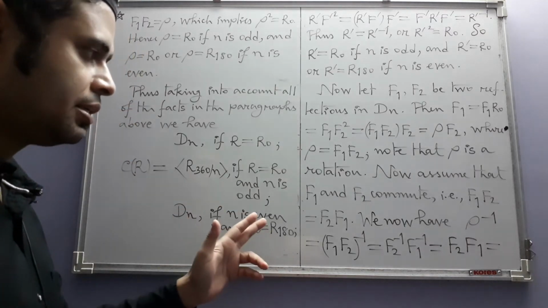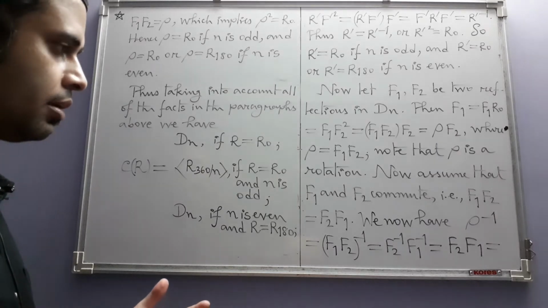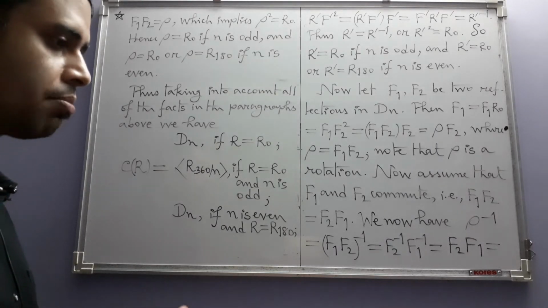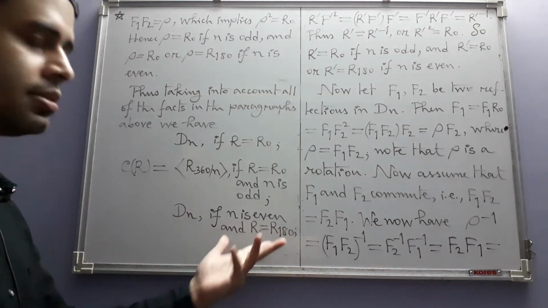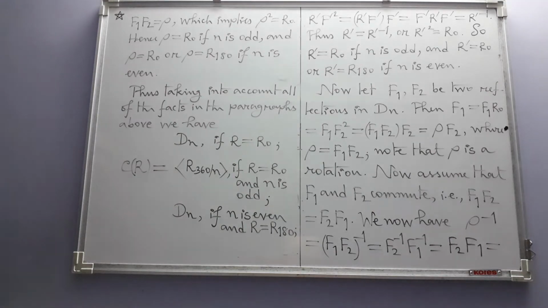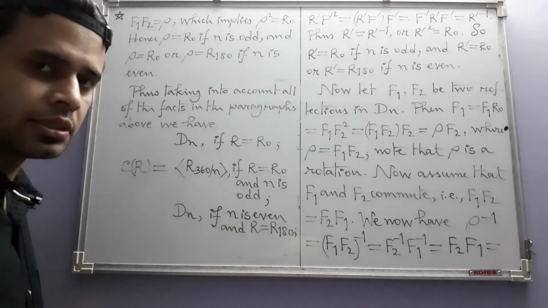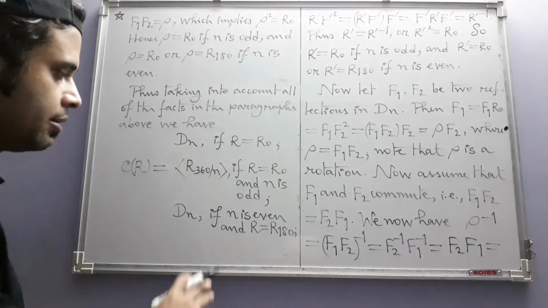R180 is not an element of Dn. Okay, only regular polygons having an even number of sides have this symmetry, R180. Triangle does not have this symmetry. Pentagons don't have this symmetry like that.